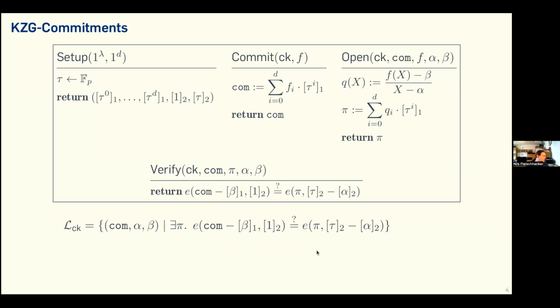Why would something like that seem useful? Well, there are many protocols that use KZG commitments. For example, you have a protocol where at some point somebody sends a KZG commitment to another party, and at some later point this party asks the first party to open this KZG commitment at a specific point to a specific value, because this confirms something that they claimed before.